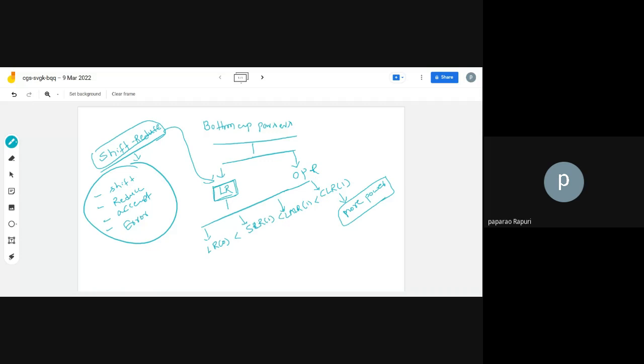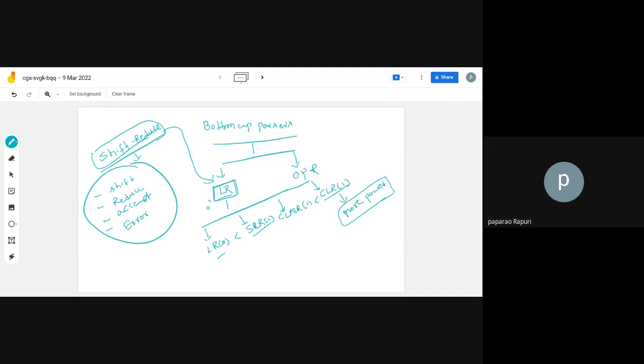Coming to LR(0), SLR(1) accepts more number of grammars, and coming to LALR(1), SLR accepts fewer. That's why LALR is more powerful than SLR(1), and CLR accepts more grammars than LALR(1). So this is the order for the power of LR parsers.